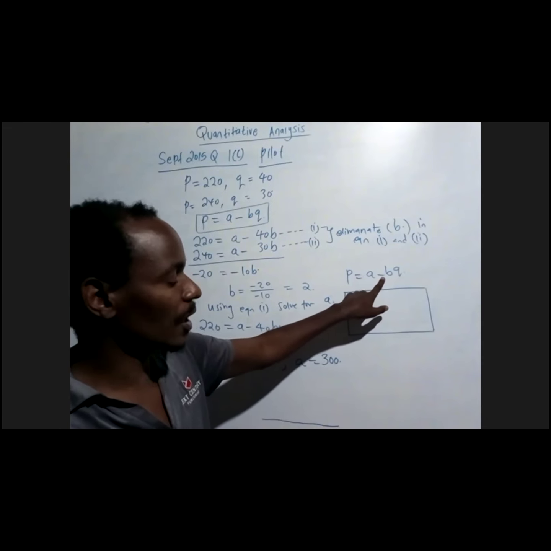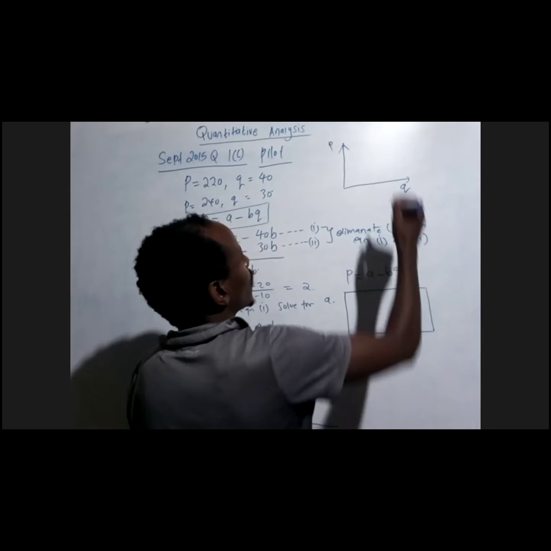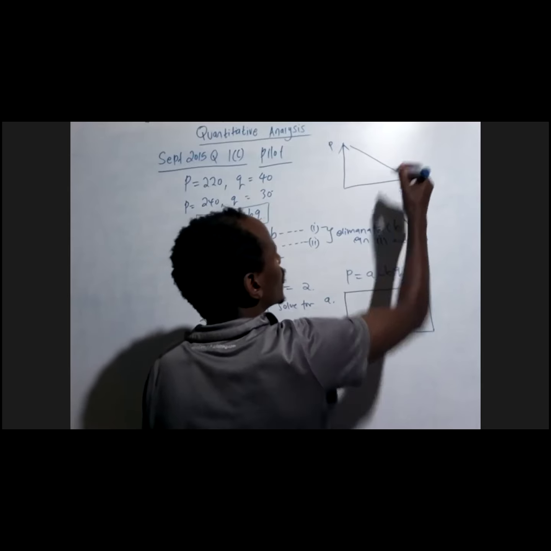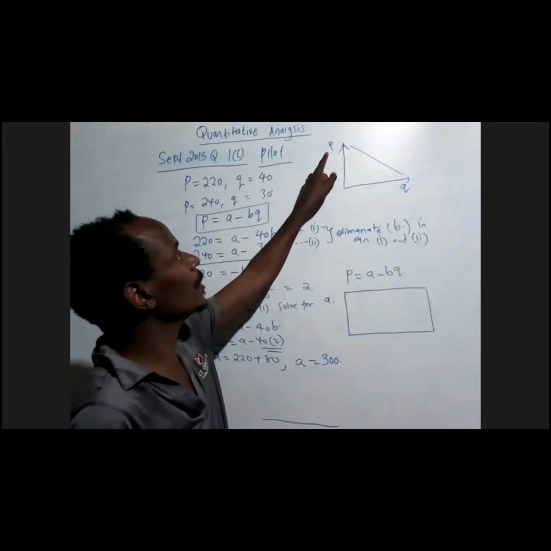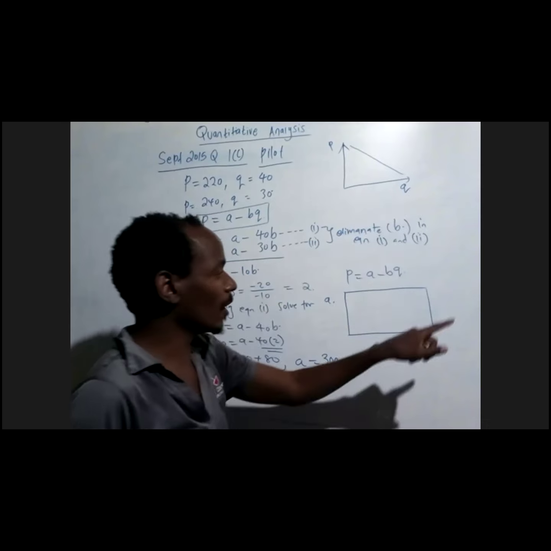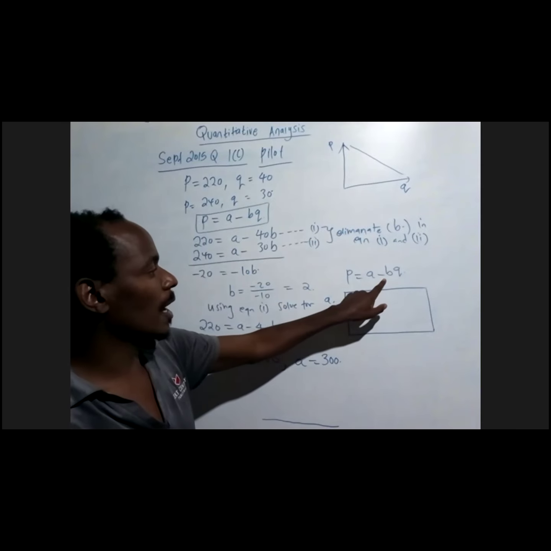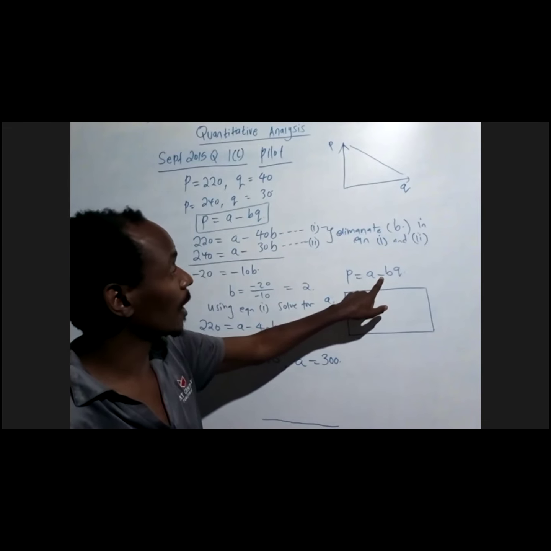Our demand function has a negative item here because when we draw our demand function with price and quantity, it has an inverse relation. So P is indirectly related to Q, and therefore our demand function must have a negative item.